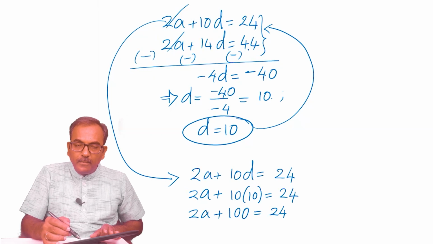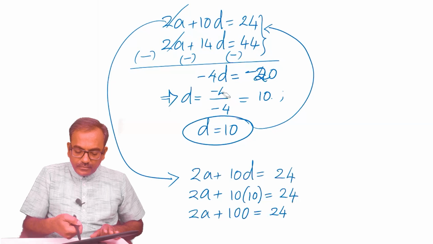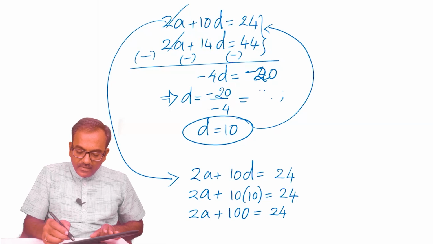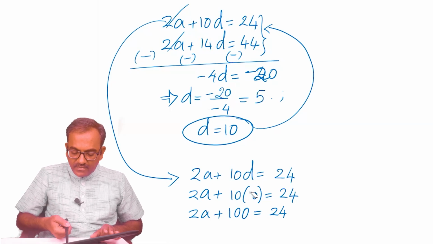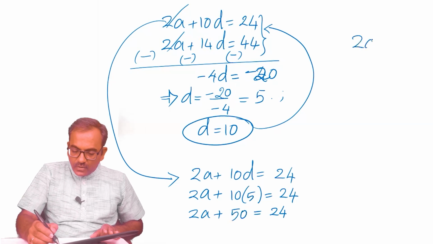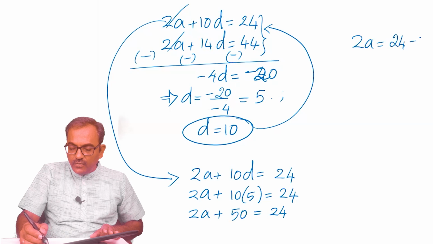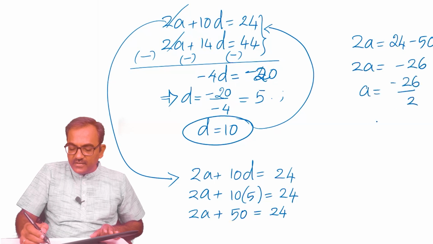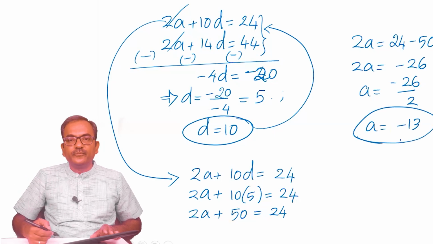This is 24 minus 44, minus 20. This is minus 20. Therefore, I get d as 5. So I have 2a is equal to 24 minus 50. 2a is equal to minus 26. a is equal to minus 26 by 2. a is equal to minus 13.